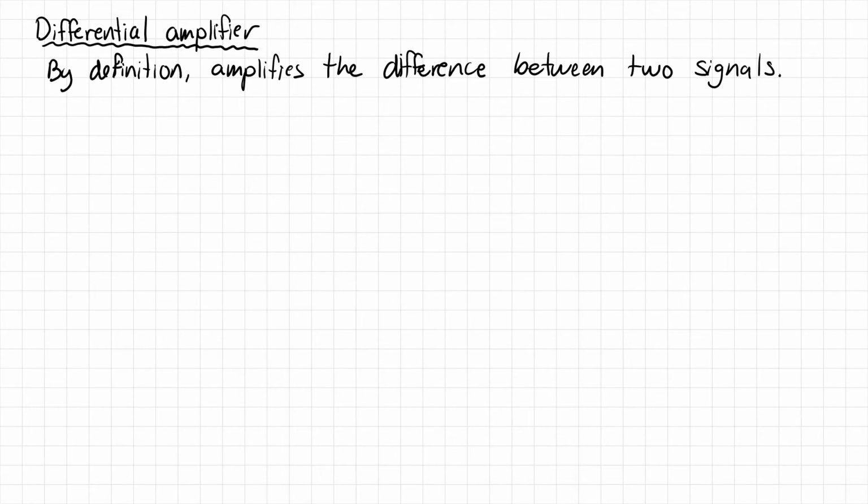And you could argue that even our common source amplifier was doing that. It was amplifying the difference between our one signal and ground. A voltage is, after all, a potential difference. But in this case, we're going to specifically say that it'll amplify a differential signal.